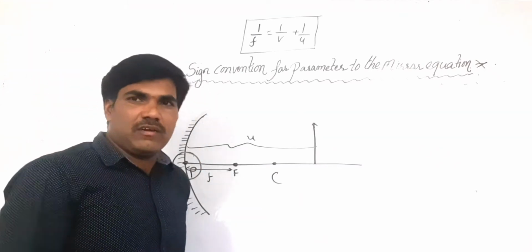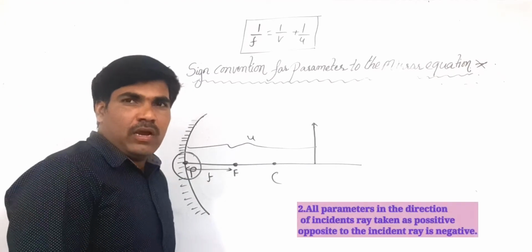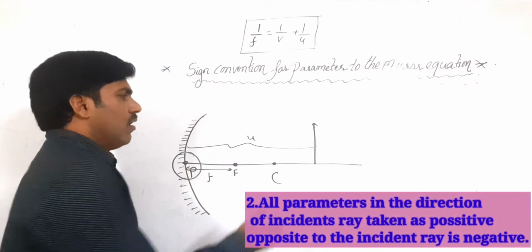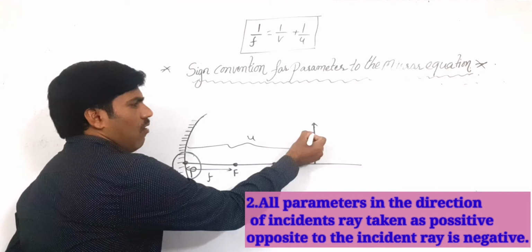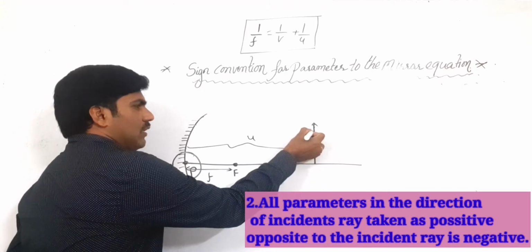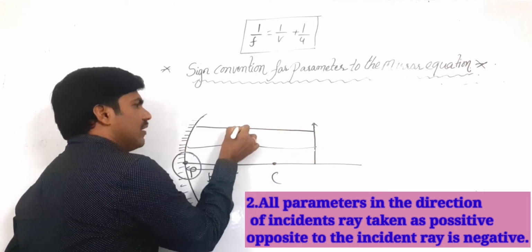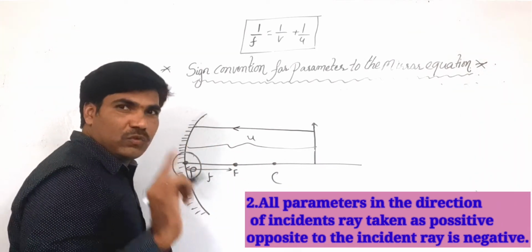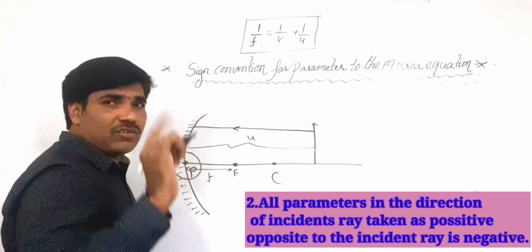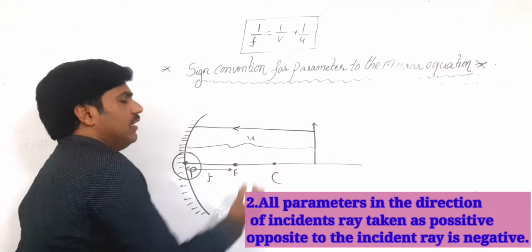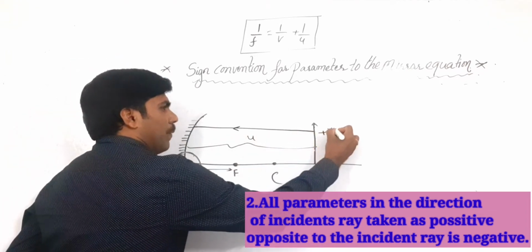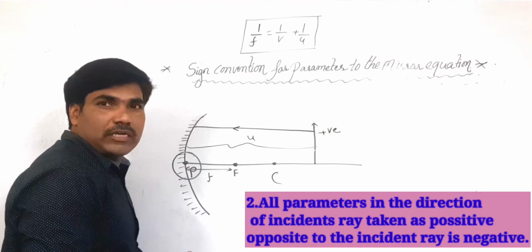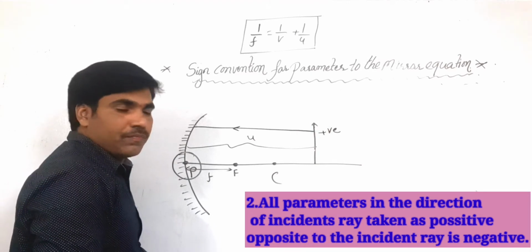The next, second point. We take all the quantities in the direction of the incident ray. Whatever quantities you consider in the direction of the incident ray are taken as positive.